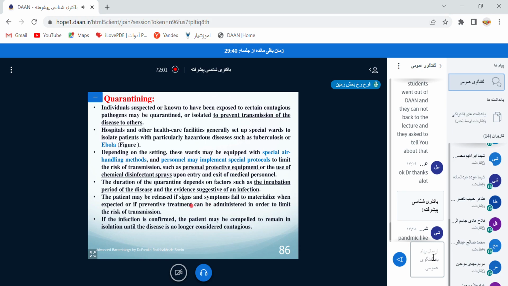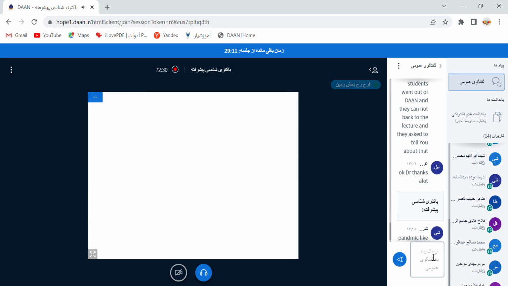The patient may be released if signs and symptoms fail to materialize when expected, or if preventive treatment can be administered in order to limit the risk of transmission. If the infection is confirmed, the patient may be compelled to remain in isolation until the disease is no longer considered contagious.